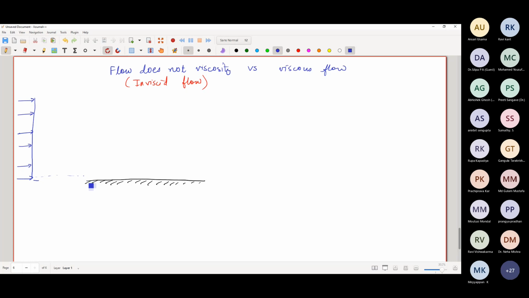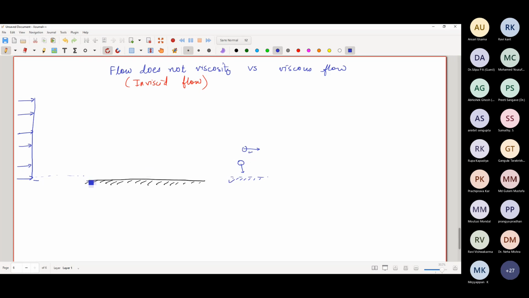So immediately next to the plate, what will the fluid molecule be seeing? It will see that here there is zero velocity and here there is some velocity. So the velocity of this molecule will be the average between this velocity and this velocity.